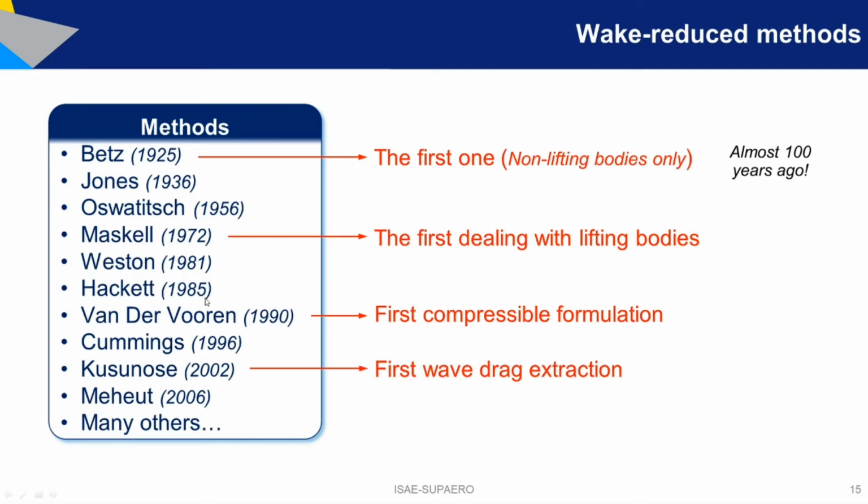But up to this point, up to Hackett, it was only for incompressible flow fields. Then it was Van der Vooren, afterward Kusunose, who improved the formulation to take into account compressibility, and Kusunose was also the very first to identify the wave drag extraction. All these milestones will be presented in the next sections.